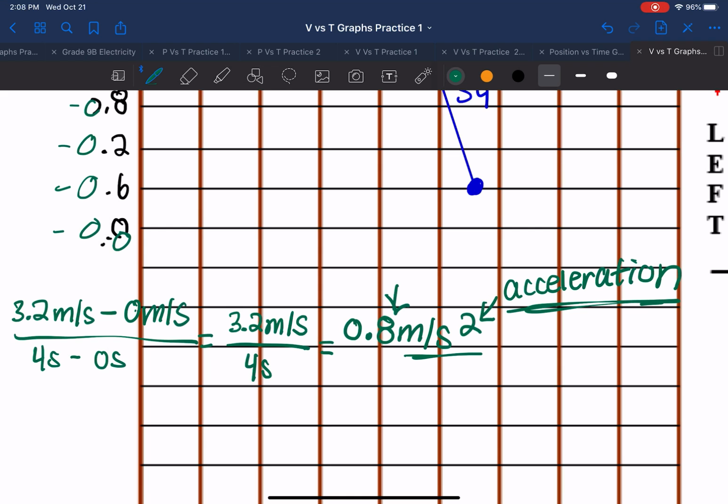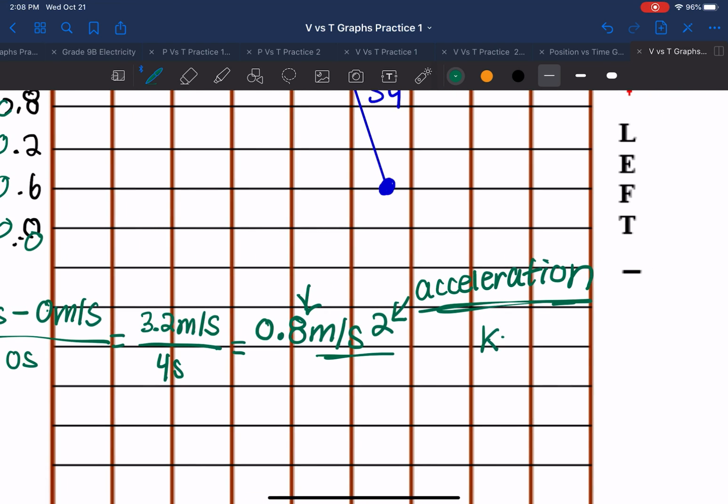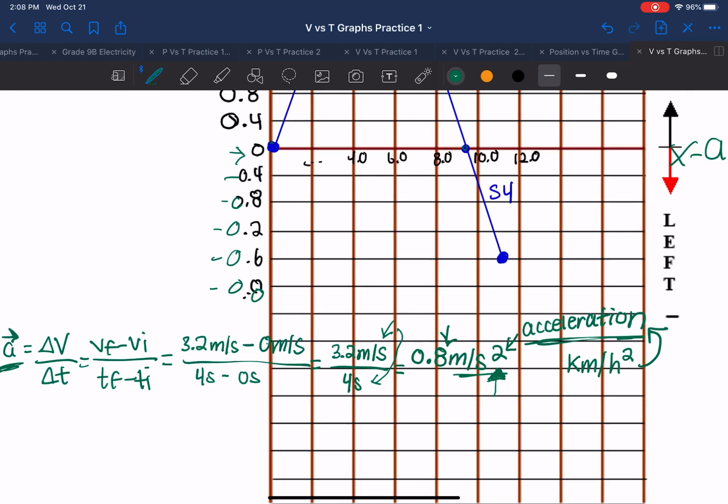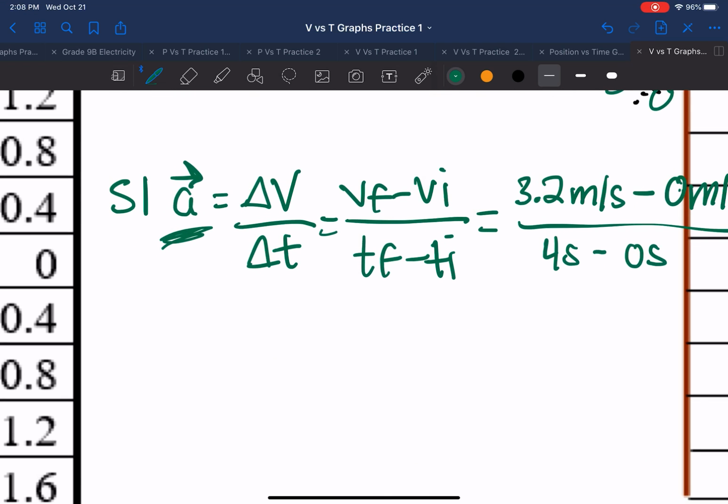So acceleration units, meters per second squared. Even if you had km per hour, it would be squared to show that it's acceleration. You can see that with the units, because meters per second divided by another seconds, you're multiplying these seconds, therefore it becomes squared. Okay? That's how you solve for your units. All right, let's go into example S2.